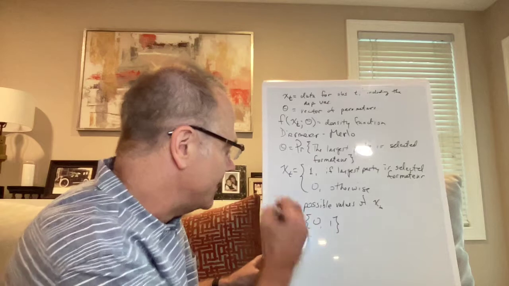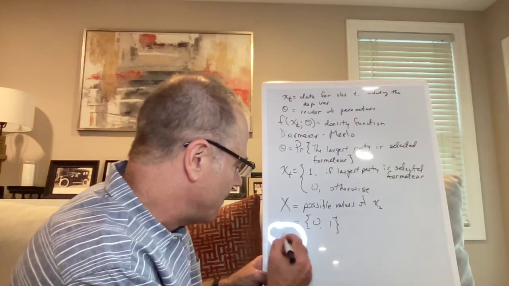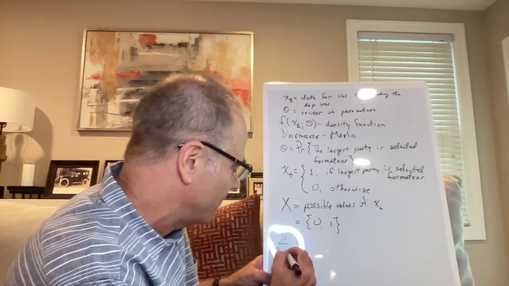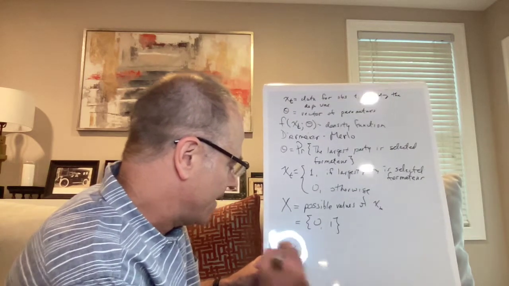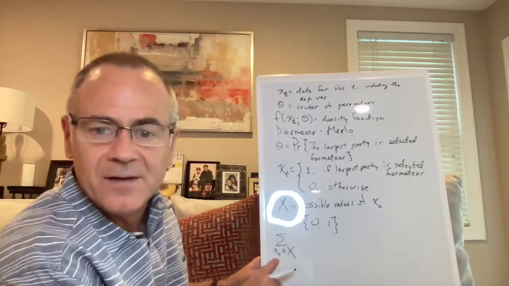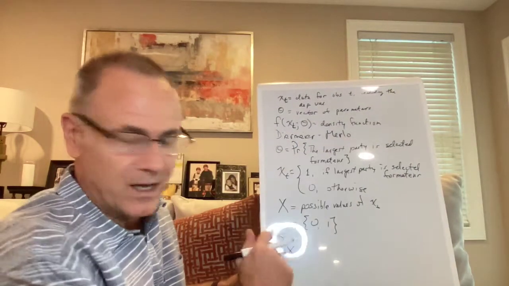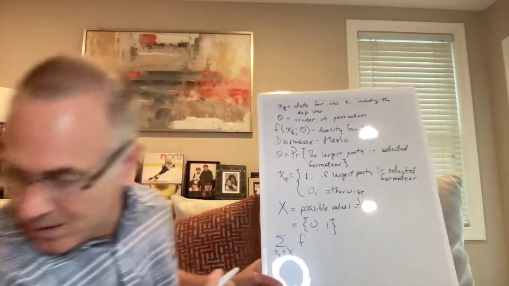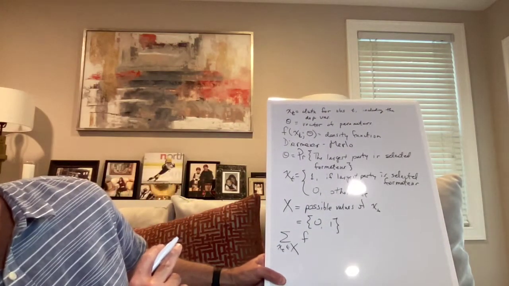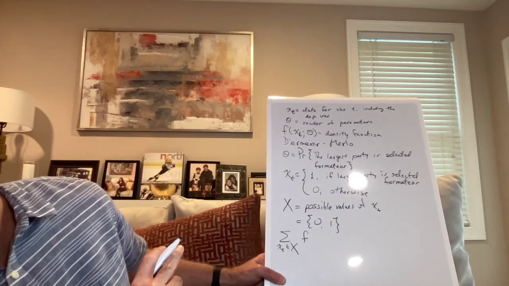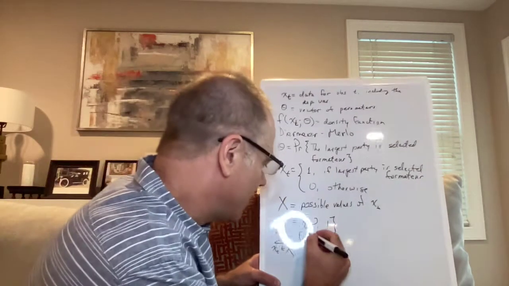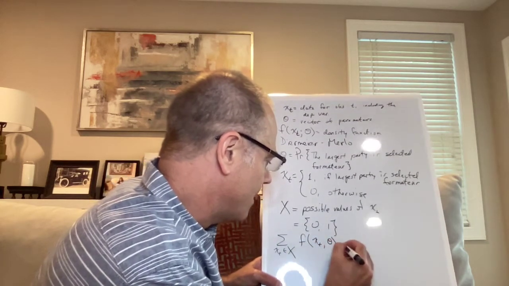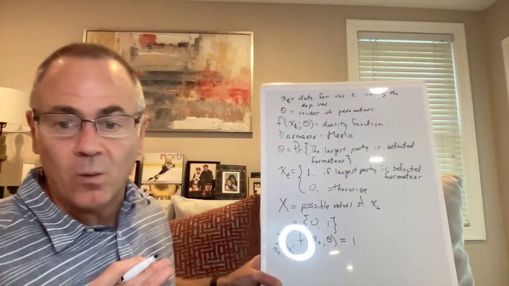So in this case, if we sum over all the possible values that x_t can be, so x_t is either 0 or 1, of f of x_t given theta, that has to equal 1.